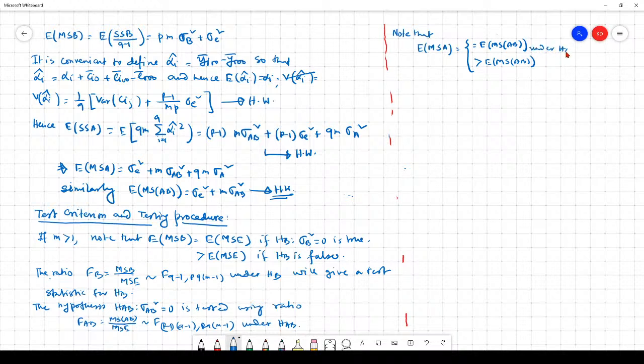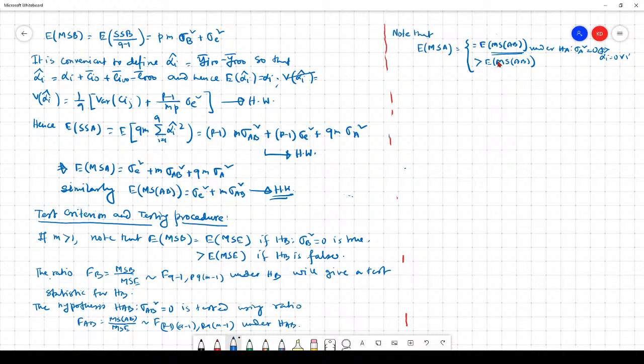Under HA. That is sigma square equal to 0. And this means all alpha is equal to 0 for all, because this is a mixed effect model and factor A, we consider all the labels of factor A. So sigma is square equal to 0, this is same as alpha equal to 0 for all. So here we observe that the valid error for testing HA is MSAB.